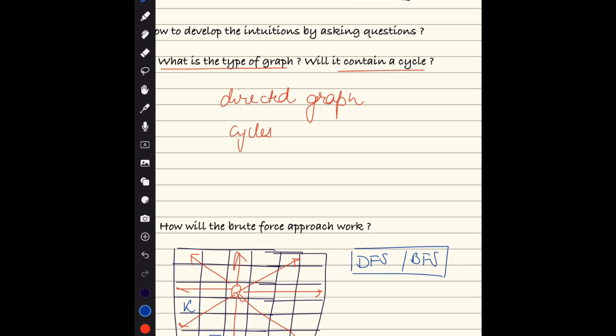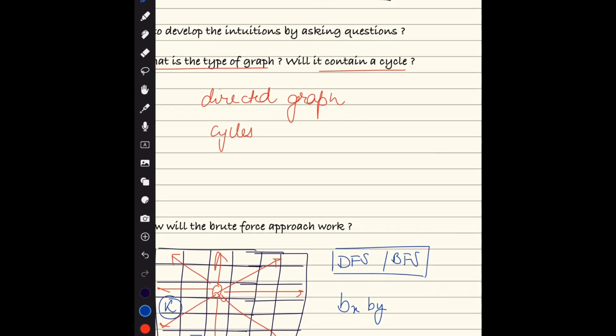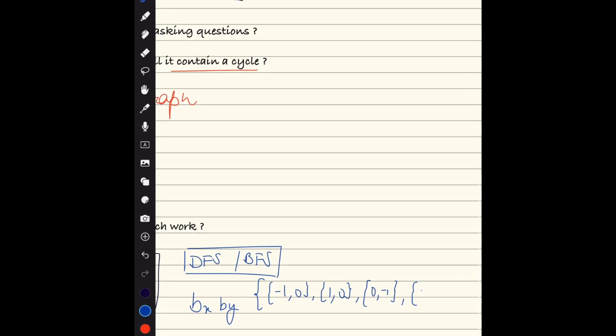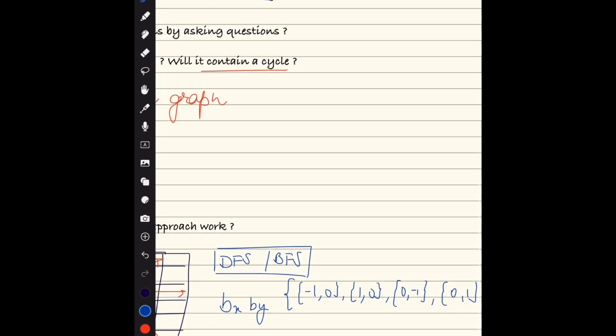What is the main thing that we want to do? From this particular index that is given, bx and by, we have four directions. Mathematically, one is minus 1, 0, one is 1, 0, another is 0, minus 1, and then I have 0, 1. Now if I have x and y and use this direction, I get minus 1 and 0.